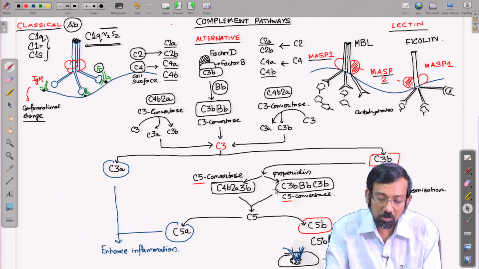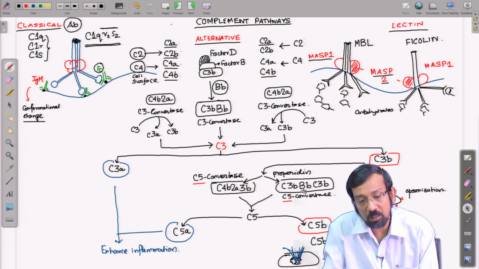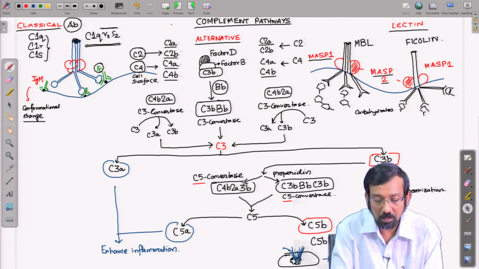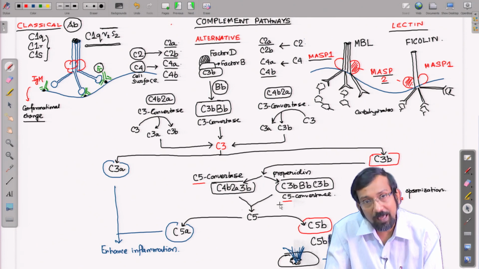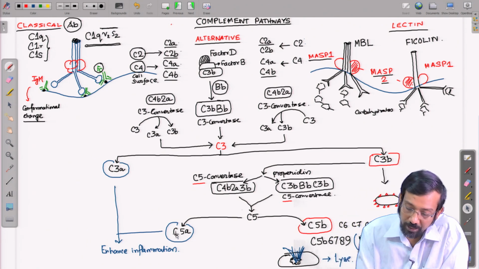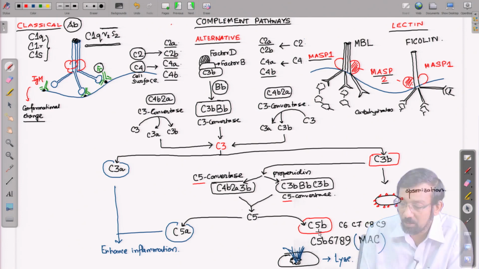Most of these complexes are membrane anchored, anchored to the membrane of the target cell, usually the pathogen. Both of these are C5 convertases, and as the name suggests, they convert C5 into C5a and C5b. Now comes the main point.